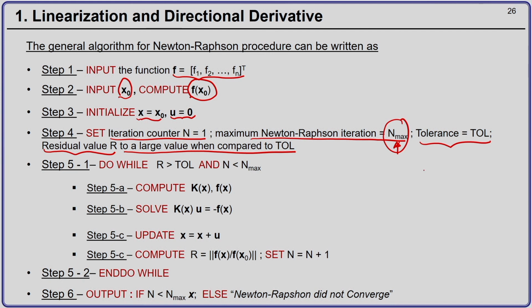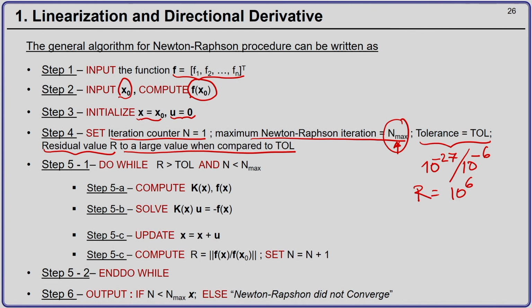Normally you may set tolerance to be 10 raised to power minus 27, a very small number, or somebody might set 10 raised to power minus 6, it depends. Then you may set r to be 10 raised to power 6. It is a very large number as compared to tolerance.